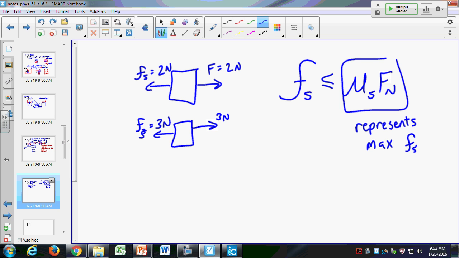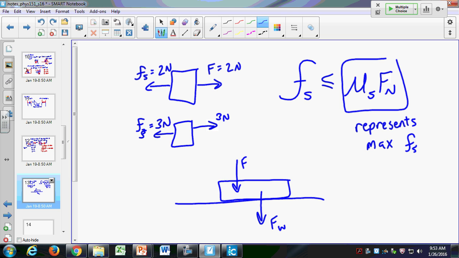It's increasing, right? If I draw the free body diagram, here's my object. There are some forces acting on it, the weight. And if I push down on it, I'll call that just F, that's also going to add to it. My normal force then will equal F plus the weight.